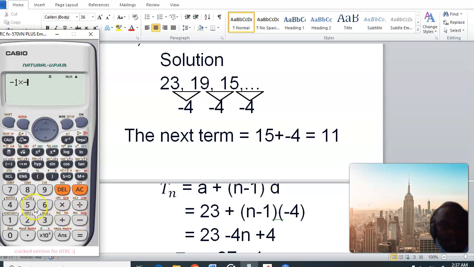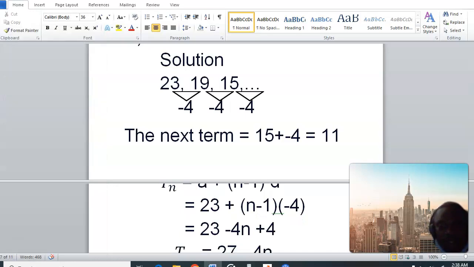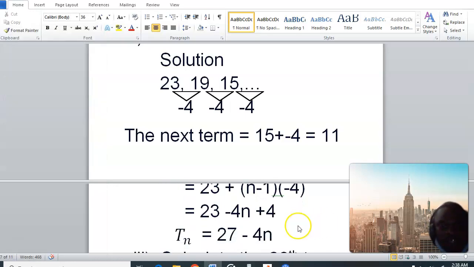Minus times minus will give you a positive number, so you have plus 4 here. Then 23 plus 4, they are like terms, so you can add them. So 23 plus 4 will give you 27 minus 4n.